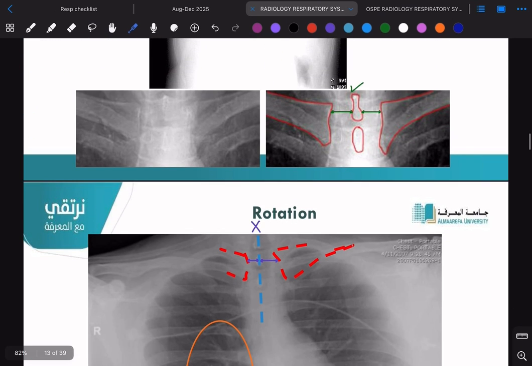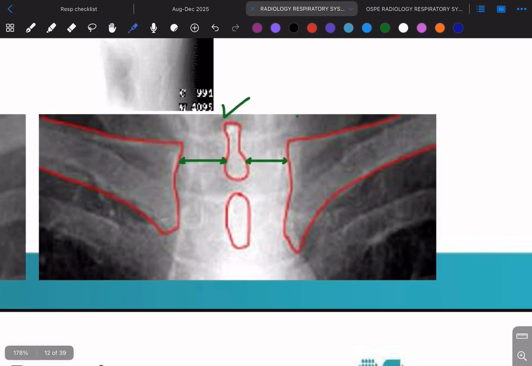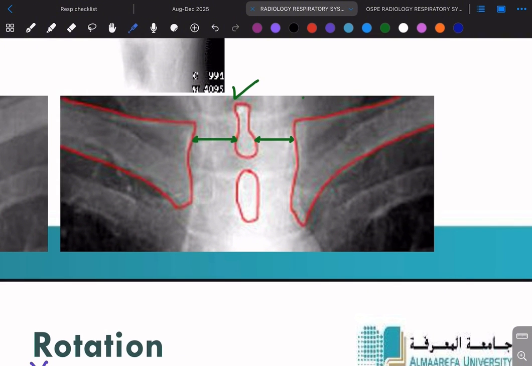Here we can see the two medial ends of the clavicle, and this is the midline spine. The distance between the midline spine and the medial end of the clavicle on both sides has to be the same. If they're the same, like in this image, we can say the patient stood in an upright position and there was no rotation. So this is a perfect image, because the distance here is equal.